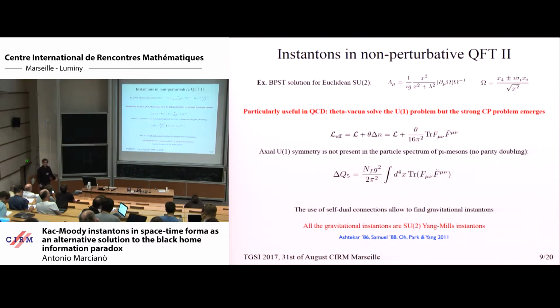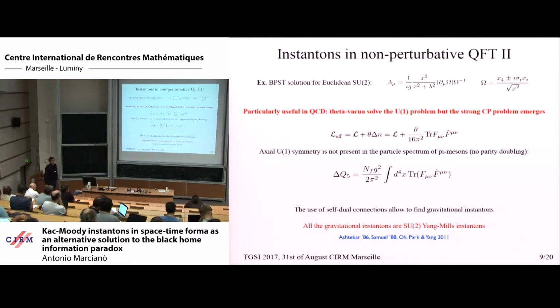Axial U(1) symmetry is not present in nature, because we don't see a doubling of the pion spectrum, so it is not present in the spectra of particles in nature. It must somehow be destroyed, and it is destroyed by quantum corrections, and the only way to prove it is if you have these instantons, which do not allow the conservation of the axial current.